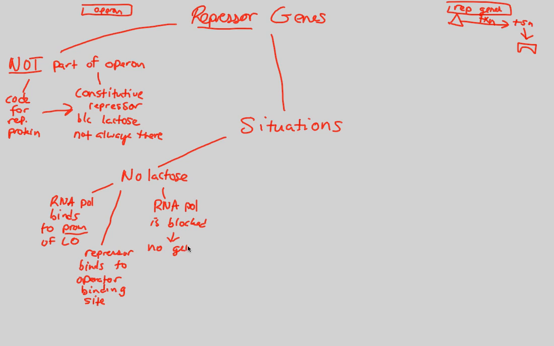So there is no gene transcription, and thus there is no gene expression. Remind yourself what genes should be transcribed and expressed. Those lactose metabolism genes, like lactose permease, like beta-galactosidase, like galactoside transacetylase. All those things, will they or will they not be expressed if there's no lactose? Of course not.